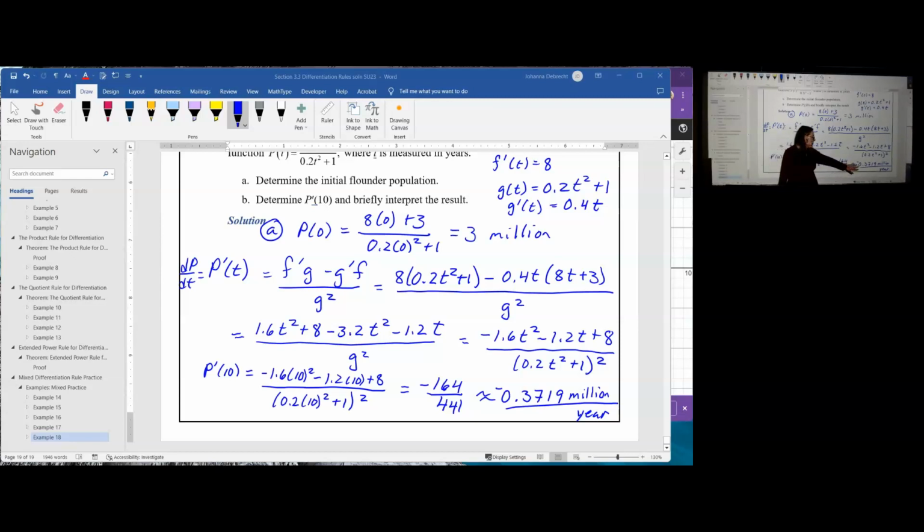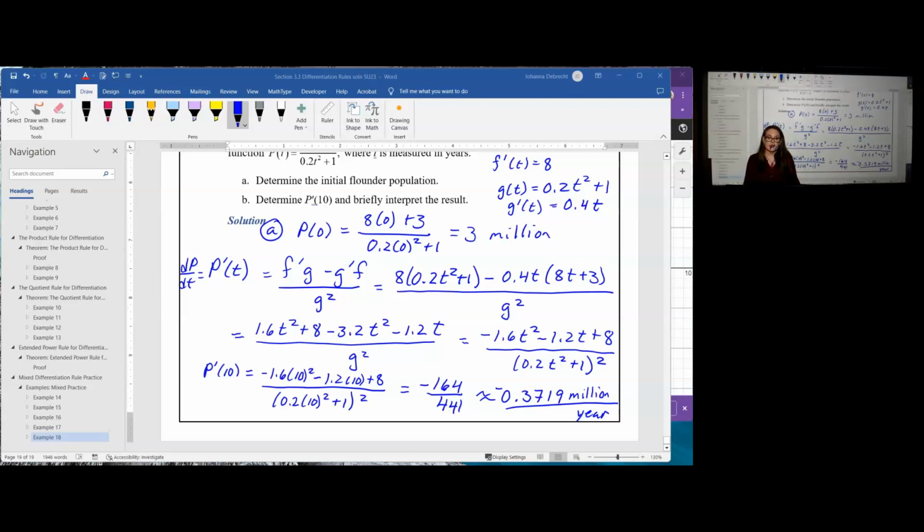This turns out to be about a negative 0.3719. It represents in millions the number of flounder that we are losing each year. In other words, we have a decrease at 10 years of more than 370,000 flounder a year. Given that we only started with 3 million, this would be very concerning.